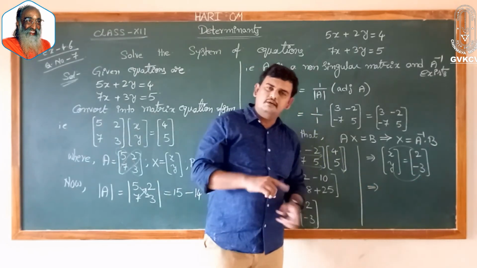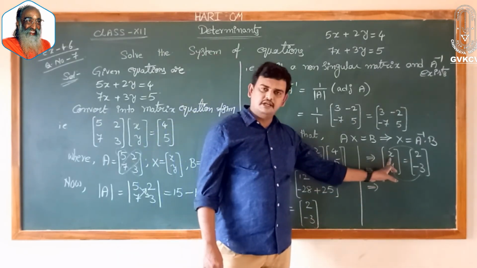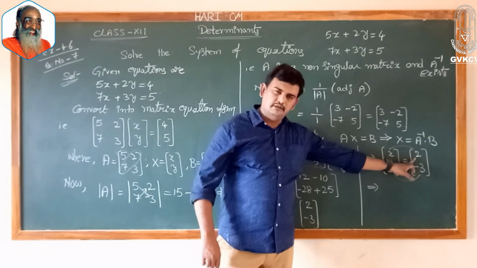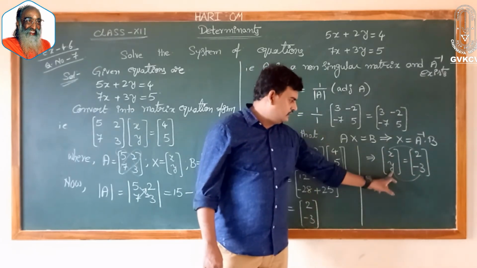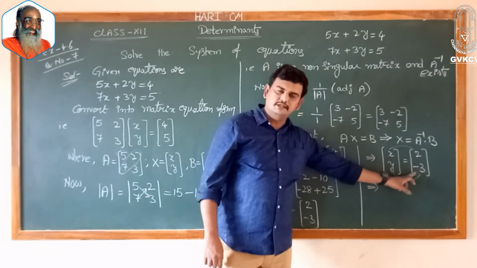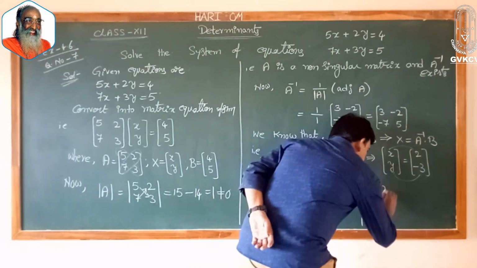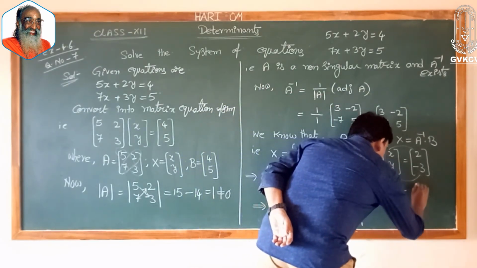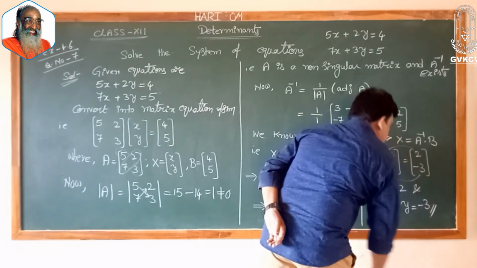When two matrices are equal, their corresponding elements are equal. So here the first element is x, and here the first element is 2. So x is equal to 2. Here the second element is y and there it is -3. So y is equal to -3. So we have x is equal to 2 and y is equal to -3.